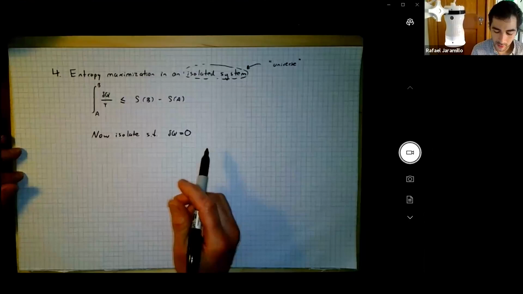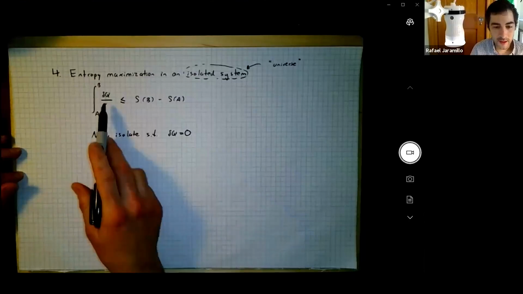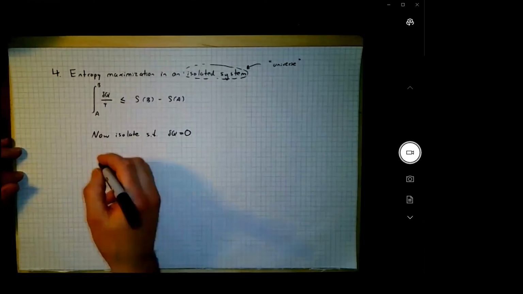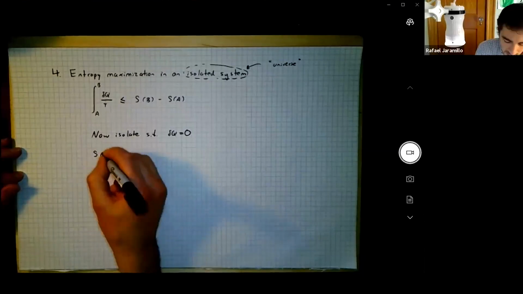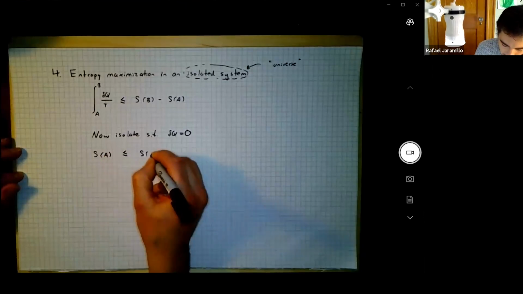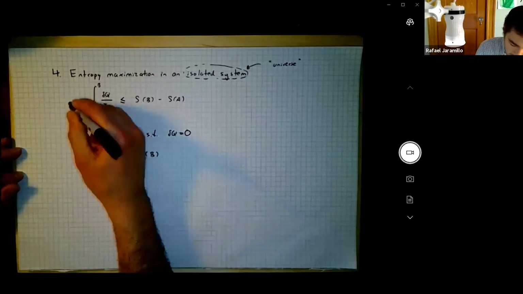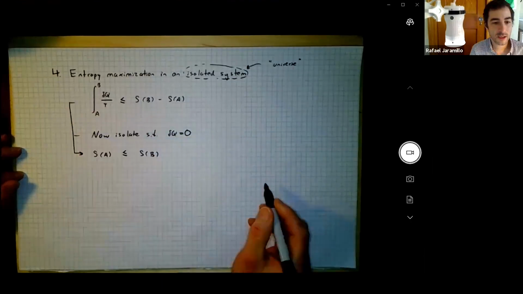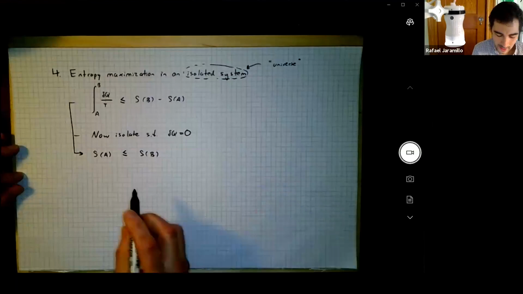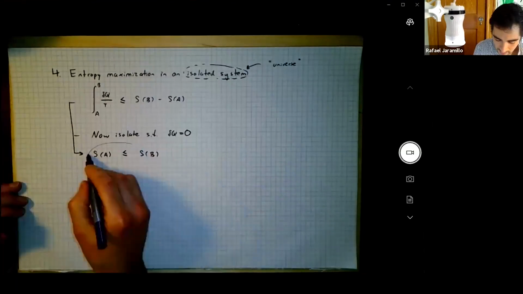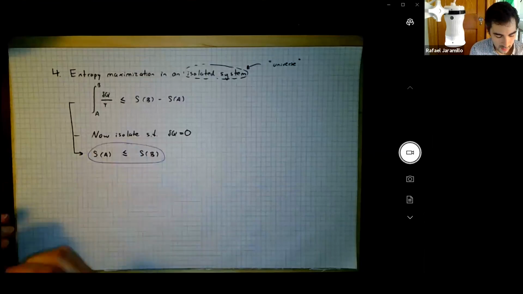And so if dq equals 0, what is this integral? It's just 0, right? So I'm going to take that integral to be 0 and rearrange the equation. And I get this very simple, and as we'll see, very profound inequality.